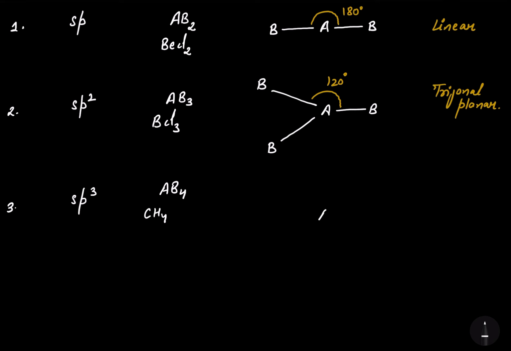Central atom A over here, that's B over here, and B over here. These two are the covalent bonds which are on the screen. This is the dash and B over here. I'm making it in 3 dimensions, and this is called wedge.